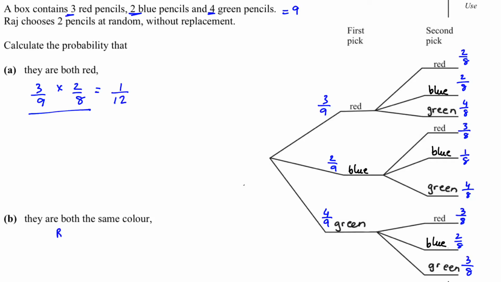Same colors means red with red, blue with blue, and green with green. So red and red we already found is 1 over 12. Blue is 2 over 9 times 1 over 8. And green is 4 over 9 times 3 over 8. When you put in the calculator, the answer you will get is 5 over 18.